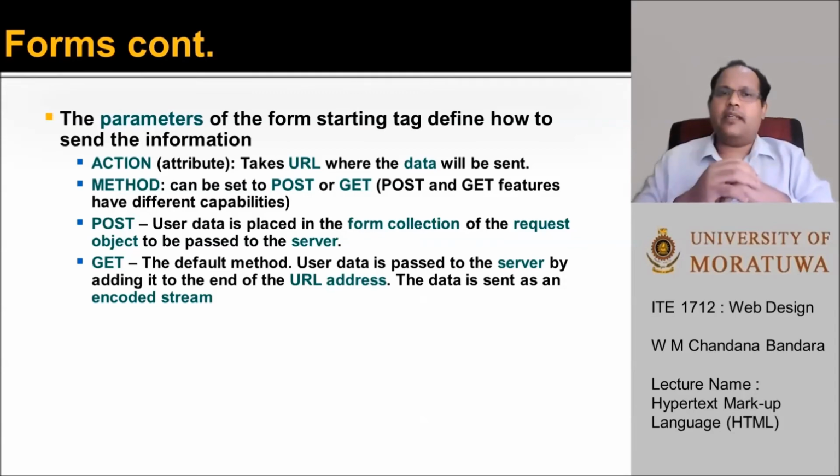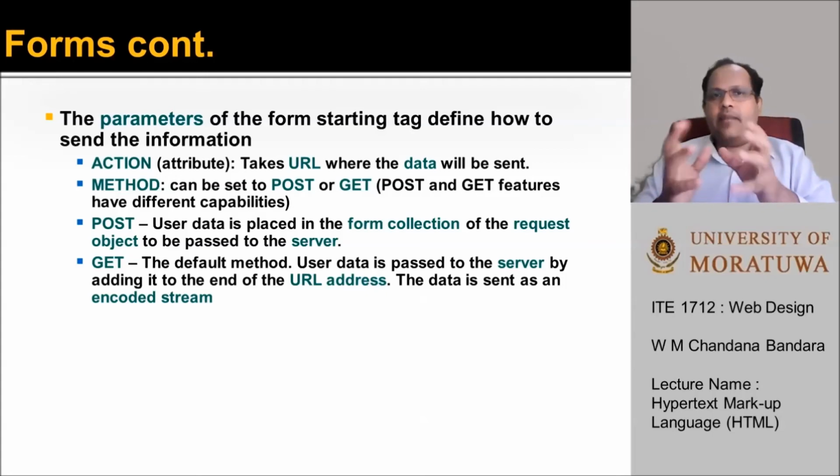The default method was the get method, and the other method is the post method. In the get method, the data were encoded and passed through the URL. In the post method, the data were encoded into an object and sent within the request object.